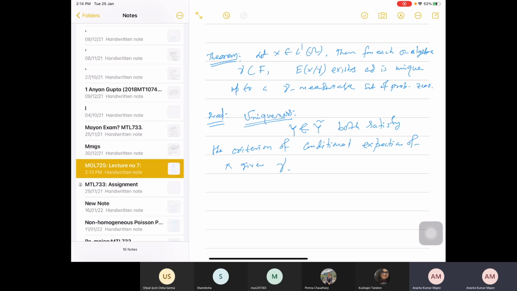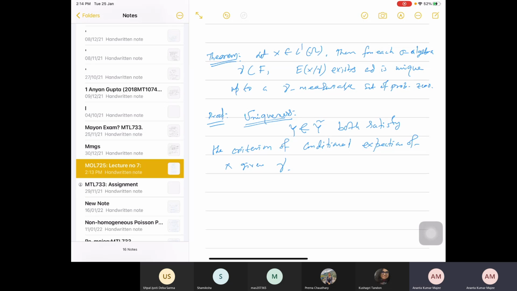If I show that the set where y minus y tilde is greater than or equal to epsilon, for arbitrary epsilon, has measure 0, and similarly for y tilde minus y, then we are done. So they are equal almost surely.